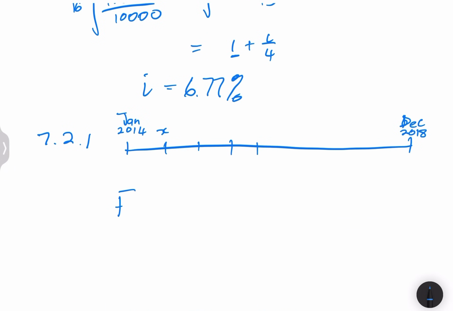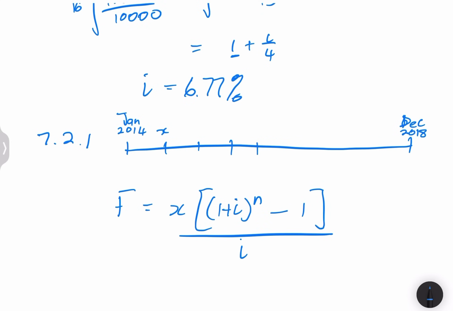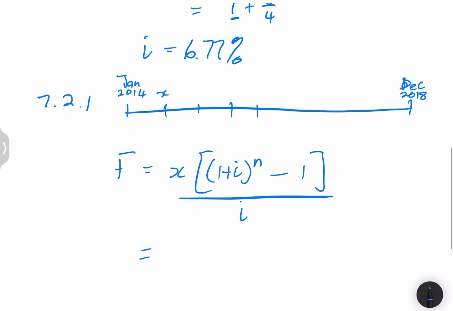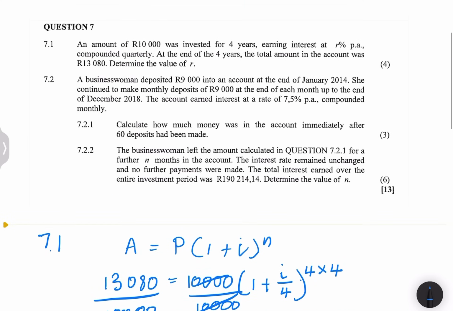Okay, so we are looking into our annuities formula. That's X into 1 plus i exponent n minus 1, and that will be divided by i. Right, so we know that we are depositing an amount of 9,000 on a monthly basis. So 1 plus our interest rate, they said this is 7.5%.